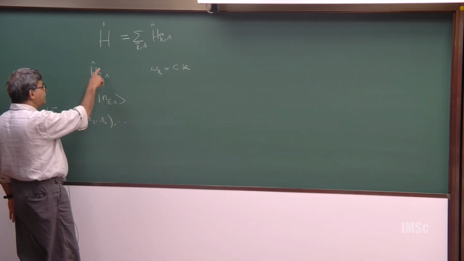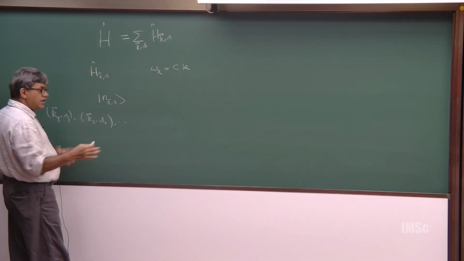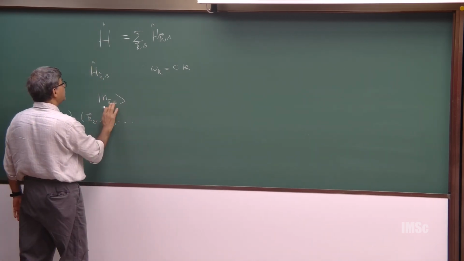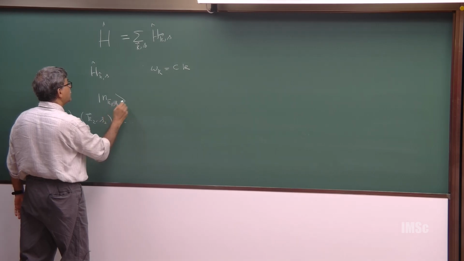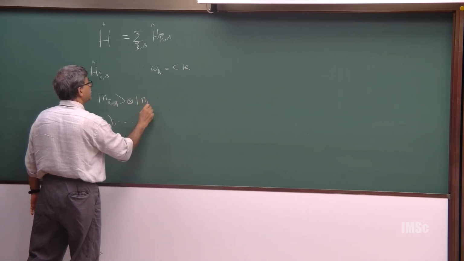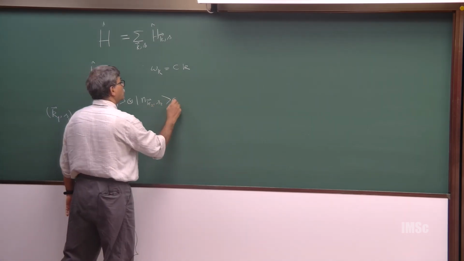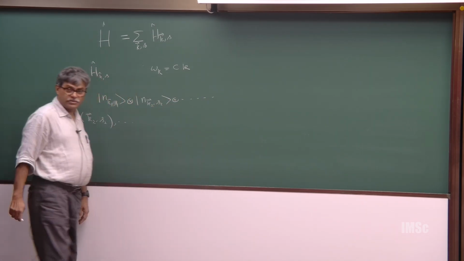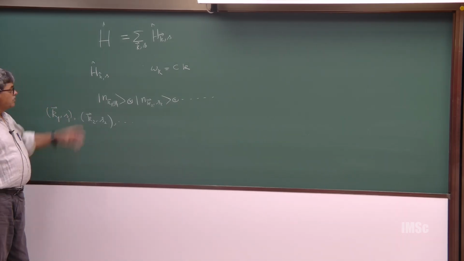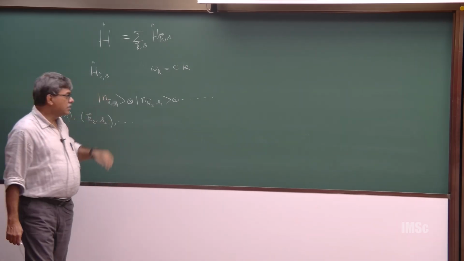Then the eigenstate of this H, the product eigenstates, will be something like this: n k 1 s 1, tensor product n k 2 s 2, so on and so forth, right. Okay. There will be degeneracy, but these are common eigenstates.